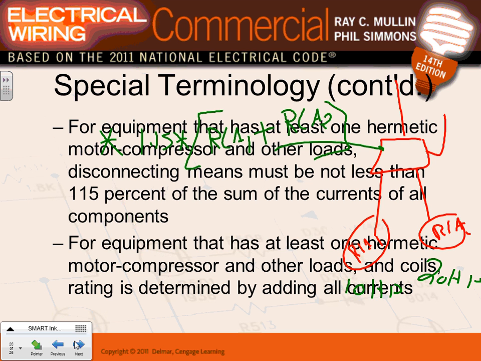You take locked rotor current 1 plus locked rotor current 2, and then you go to the table, 430.251.